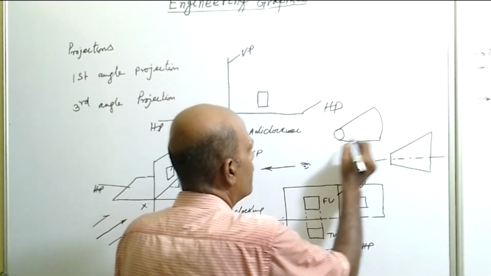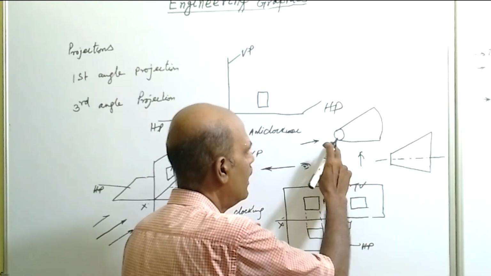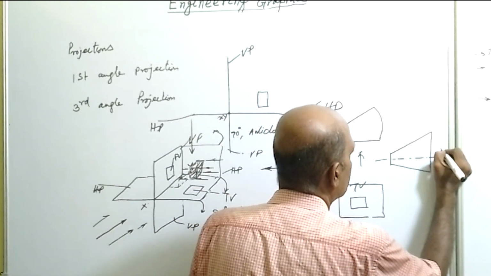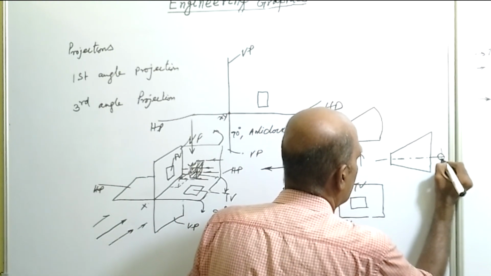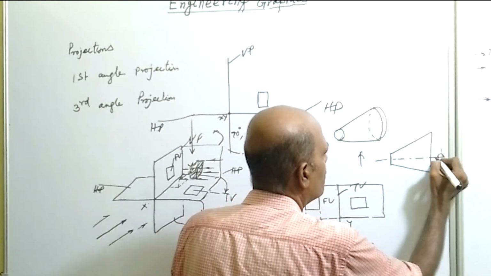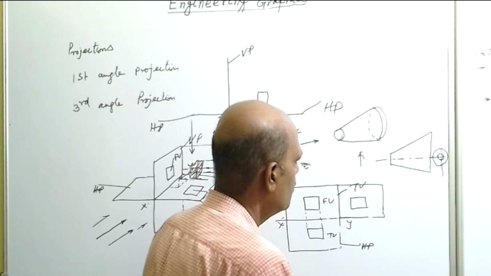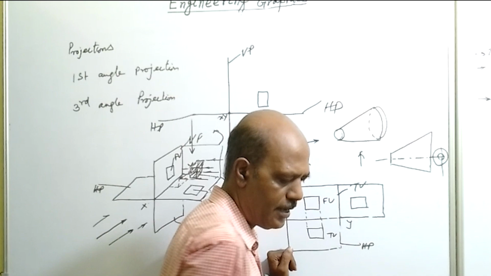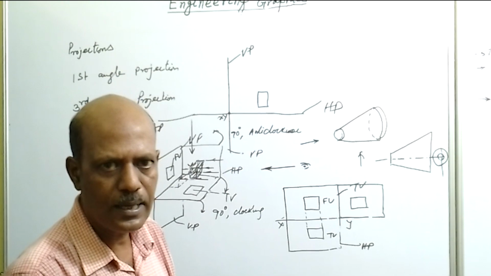And if we see from the left, the left view will be drawn at the right side of this, and we will see a smaller circle of this diameter and a larger circle of this diameter. Both circles will be visible and given by thin lines. So this diameter will be equal to this diameter and this diameter will be equal to this diameter, though there is no space, so I have shown it like this. Okay, this is all about the first angle projection.